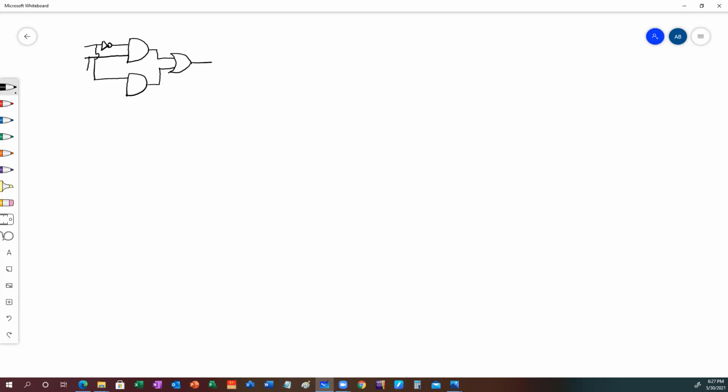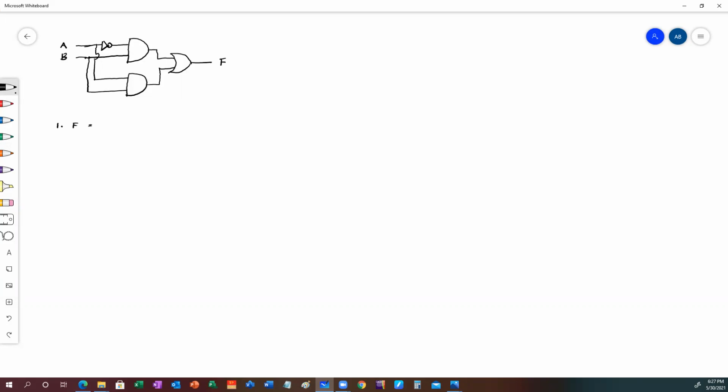And the other one. Right. Here there are two AND gates, one OR gate and one NOT gate. Right.